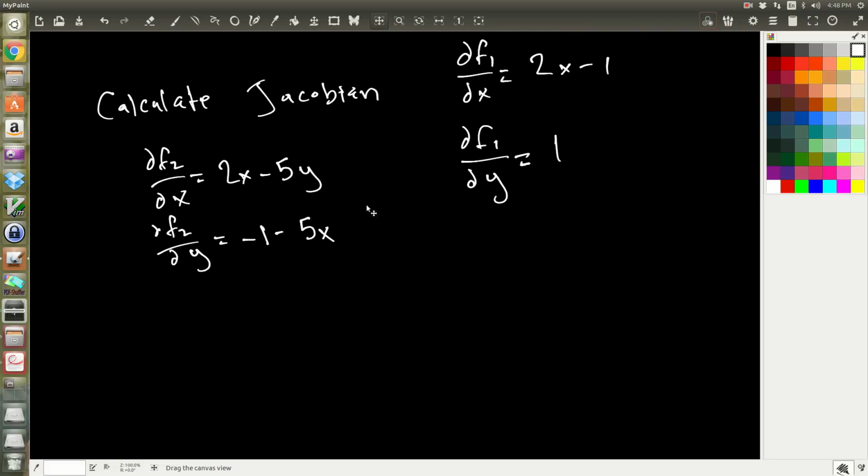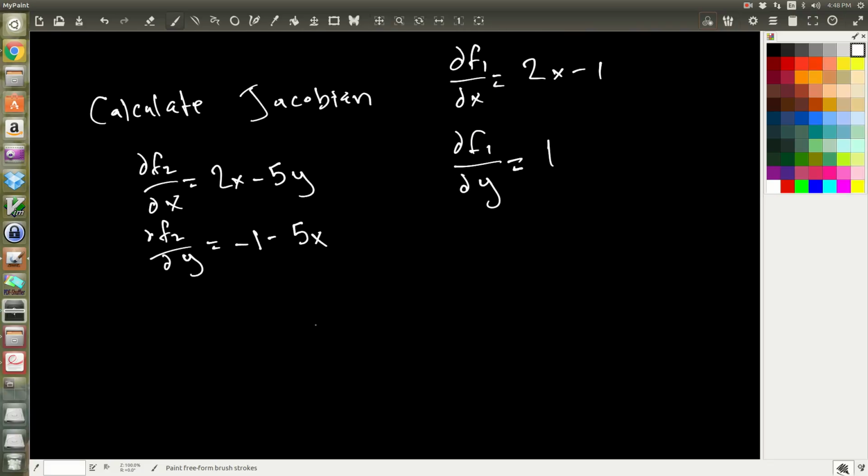Okay, so now I can actually put these into the Jacobian. So the Jacobian matrix looks like this. J equals the partial of f1 with respect to x, so I'm going to just put that in here, that was equal to 2x minus 1.